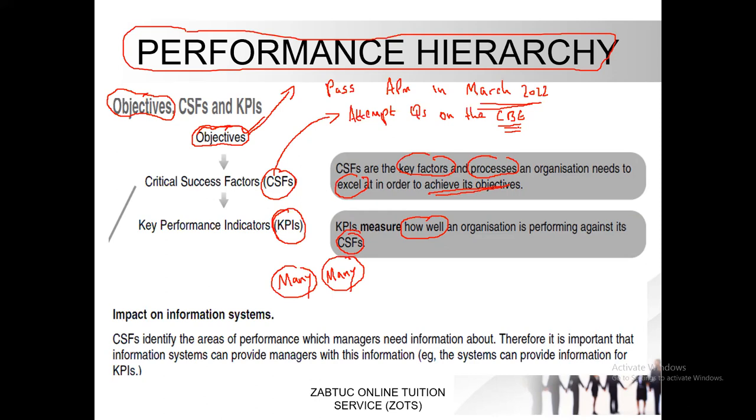This exam, time and again, has been on the concept of KPIs. So KPIs measure how well we are doing on critical success factors. And if these critical success factors are in place, you are more likely to achieve your objective of passing APM in March 2022.